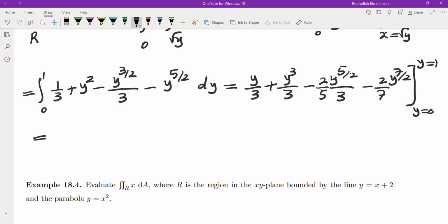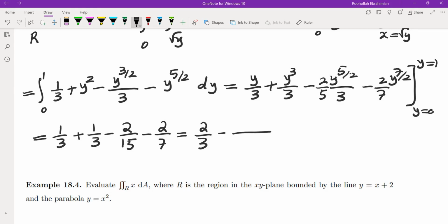At y equals 1, we get 1/3 plus 1/3 minus 2/15 minus 2/7. Let's take the common denominator to see what we get. 2/3 minus, so 7 times 15, that's 105. And then we get 14, and then plus 30.